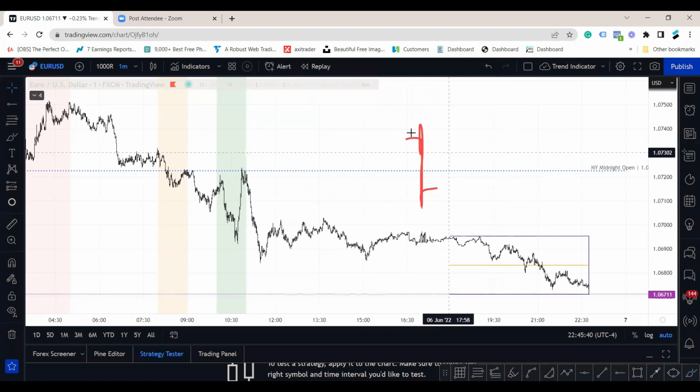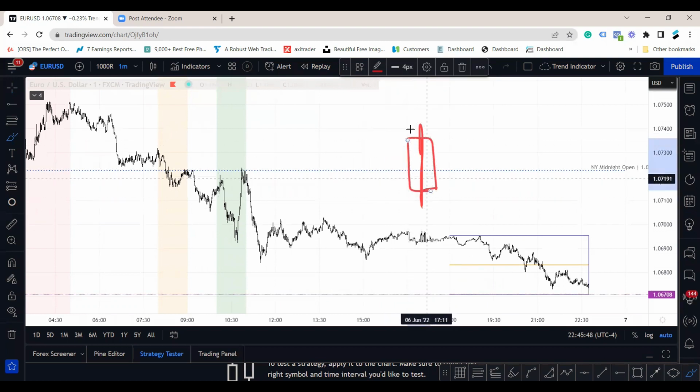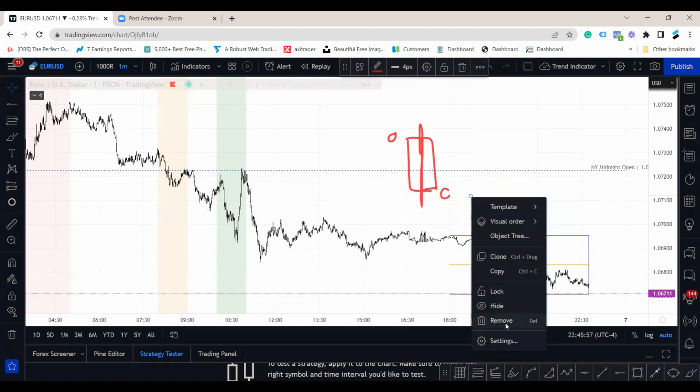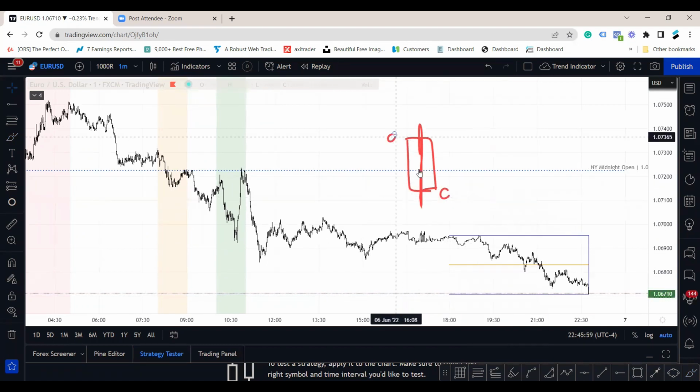This is a bar chart, of course, but if you join them up, it's actually a candlestick chart. So the opening price is here, the closing price is here. If my bias is right, I know that the closing price is definitely going to be lower than the opening price.